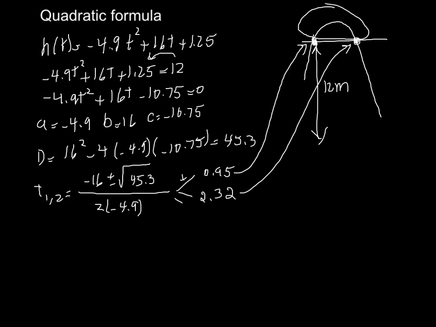So our time, which we are going to show with delta t, is going to be 2.32 minus 0.95, which is going to be approximately 1.37 seconds. So the rocket was above the 12 meter height for approximately 1.37 seconds.